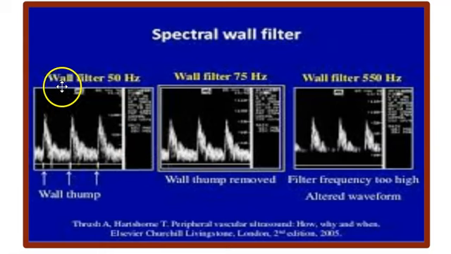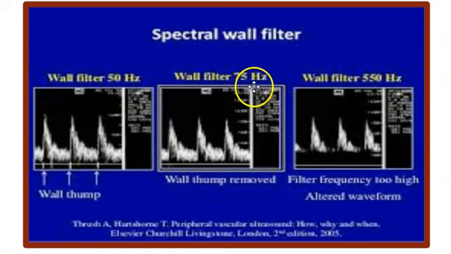Spectral wall filters. See here, your wall filters set at 50 Hertz, 75, and looks like 550 Hertz. I want to keep an eye on the baseline down here. You can see there's a little signal, they call it a wall thump. You can see this thump coming in here causing this signal enhancement down here, right on the baseline.